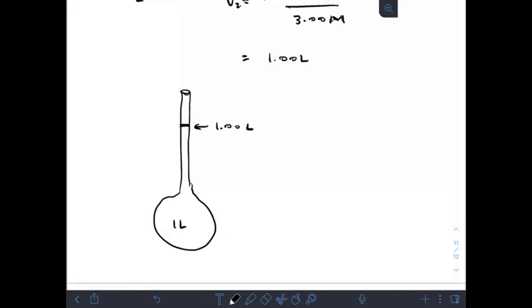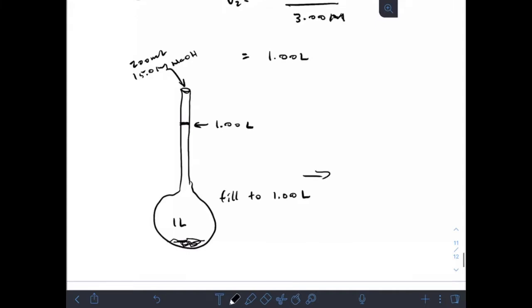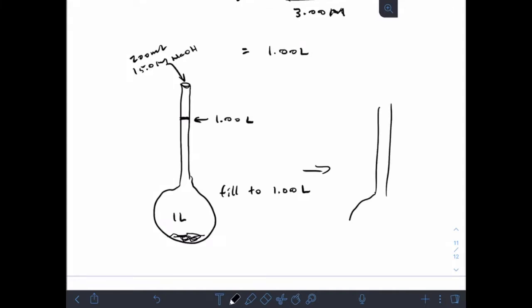Okay, so I'm going to start by putting in 200 milliliters of 15 molar NaOH. So that'll take up about this much, right down at the bottom, and then I'll fill to 1 liter. Okay, and the result will be I'll have my 1 liter volumetric flask now with 3 molar NaOH.